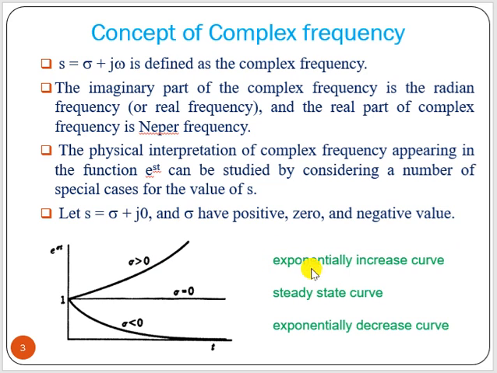Now when sigma is negative, e to the power minus 1t, minus 2t, minus 0.5t, when sigma is less than 0, it will be an exponentially decreasing curve. So when sigma is 0, a constant curve; sigma greater than 0, exponentially increasing; sigma less than 0, exponentially decreasing. This is the real part of the complex frequency.